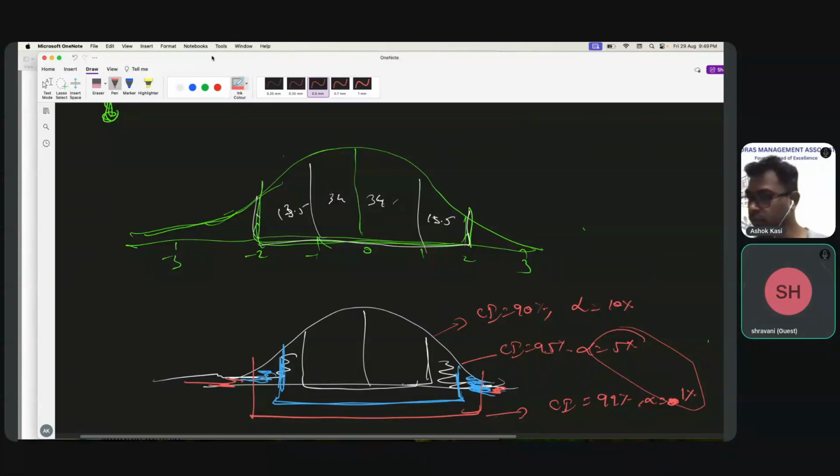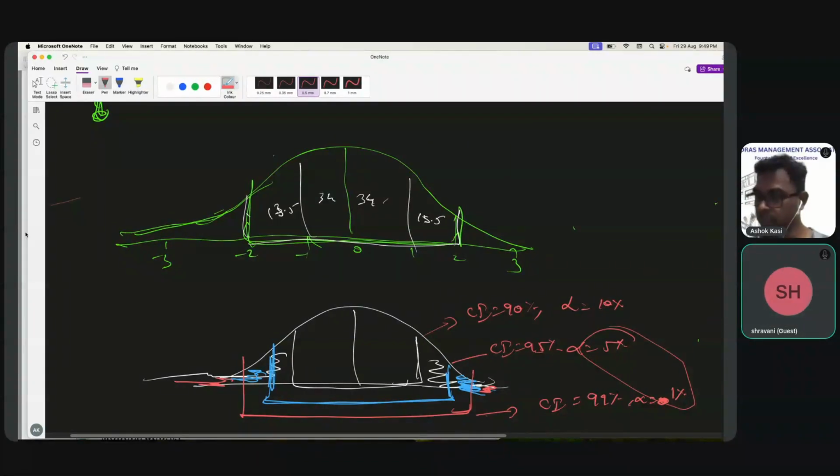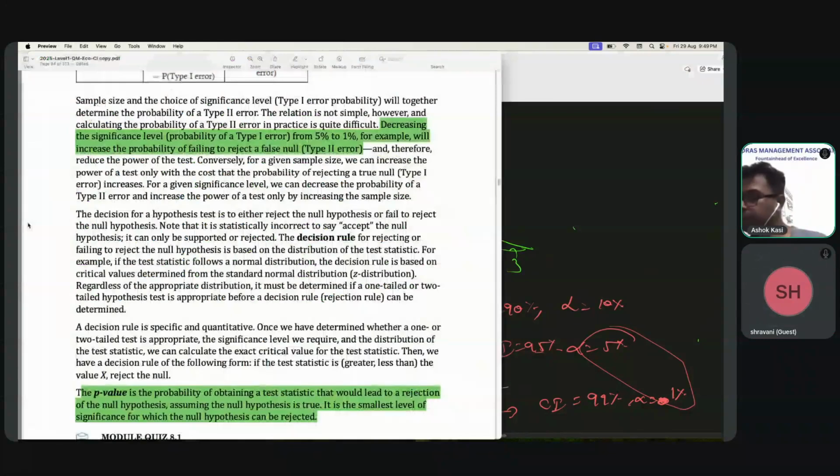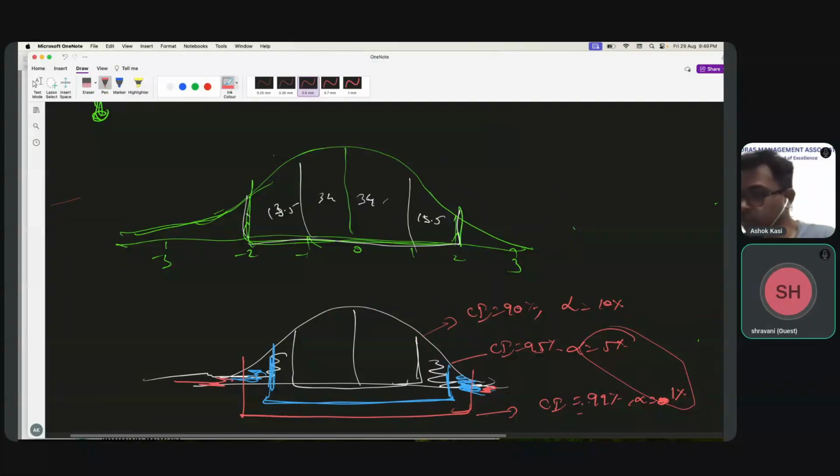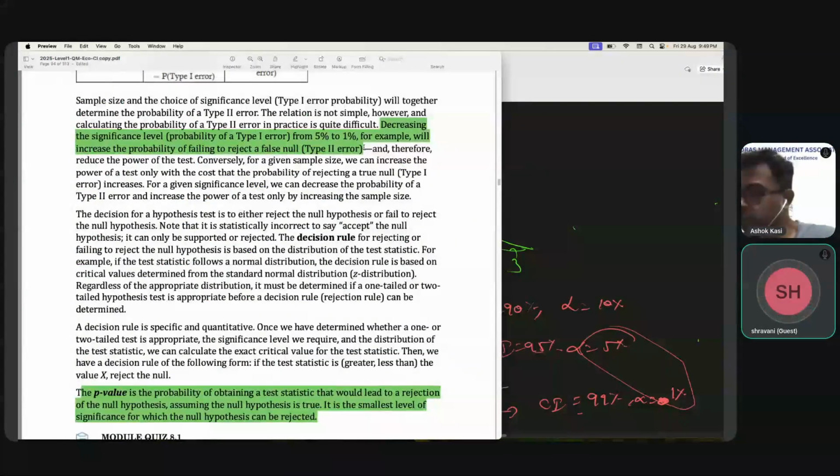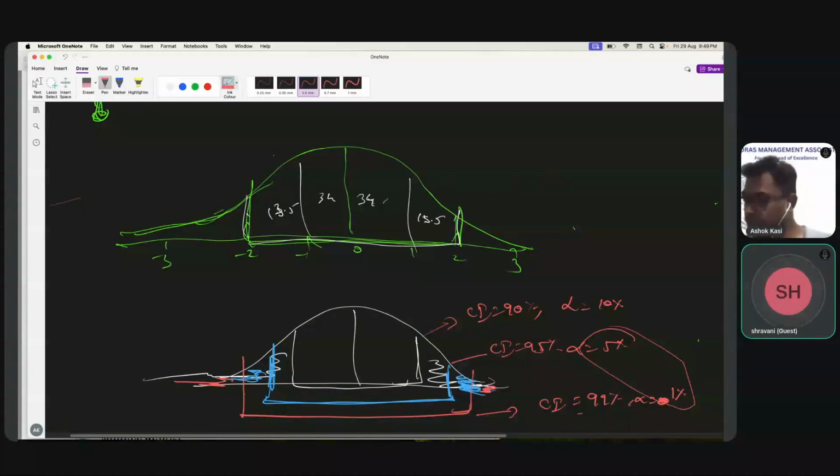So how do we simplify that statement now? Decreasing the significance level, that means this 99%, will increase the probability of accepting, because in this case we are going to accept more. When we are accepting more, it is quite possible that you are accepting even your false one.